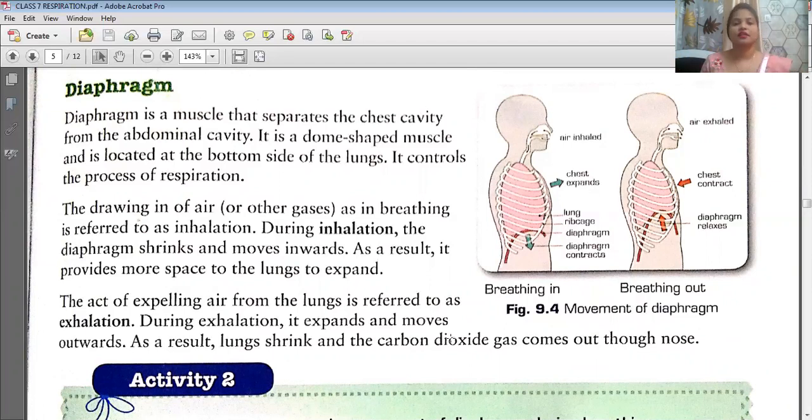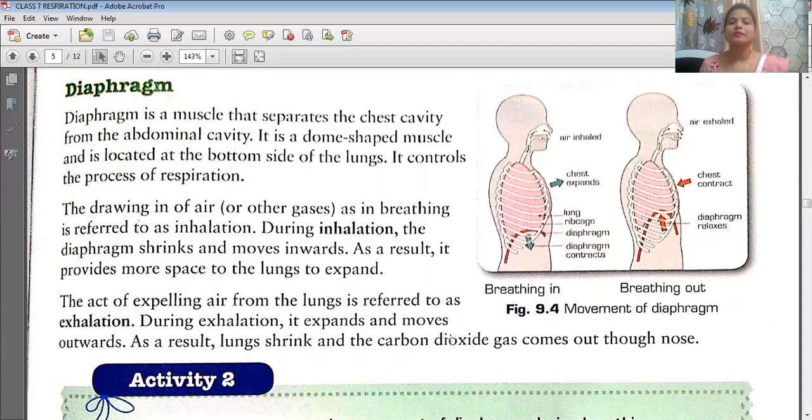This process takes place in just the opposite way when we exhale. When we exhale, giving out carbon dioxide, the diaphragm will expand. When it expands, there will be no space for the lungs, so our lungs will contract.